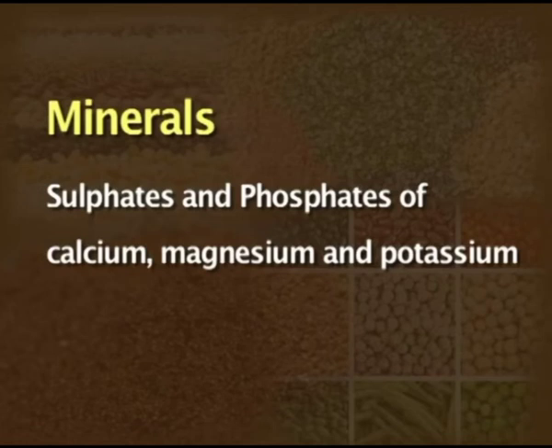Most of the minerals are in the form of sulfates and phosphates of calcium, magnesium and potassium, and 80% of the phosphorus is found in the form of phytin.